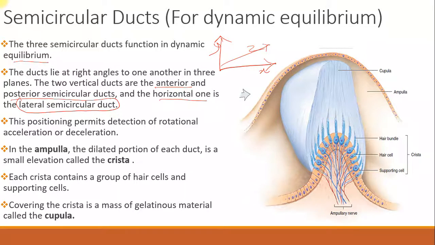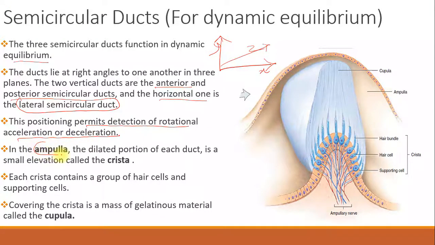This positioning permits detection of rotational acceleration or deceleration. As we can rotate in any direction, this arrangement of the semicircular ducts allows detection of rotational acceleration and deceleration.